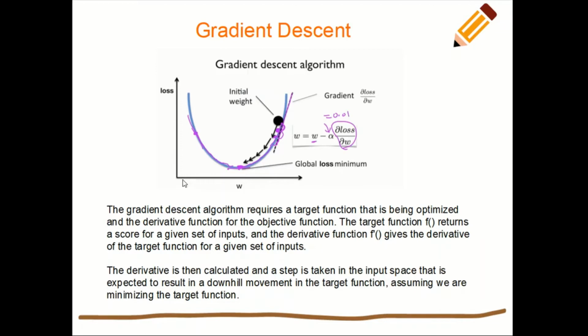So this is how we keep on adjusting, and then we reach the minima of that particular function. Here we are changing the weight, and accordingly the loss is also changing. In this particular case we are decreasing the weight, and as you can see, it is moving towards the minima. Once we pass this minima, the loss will start increasing again, and then you'll have to keep on tuning in the other direction. That means you will have to increase the weights to come back to this point.